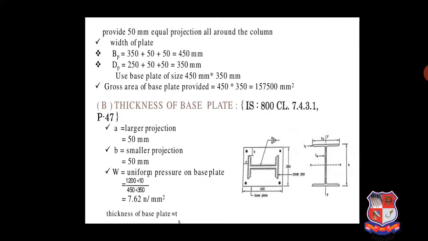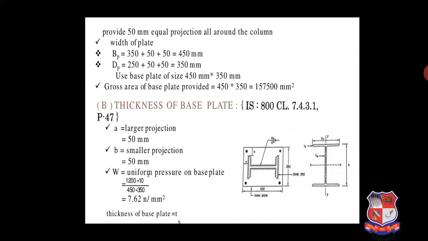So what about the new width of the column? 350 plus B plus B, which means 350 plus 50 plus 50, so it should be 450. And what should be the new depth of the column? 250 plus the projection on one side and plus the projection on the next side, so 250 plus 50 plus 50 is equal to 350 mm. So now we use a base plate of size 450 by 350.